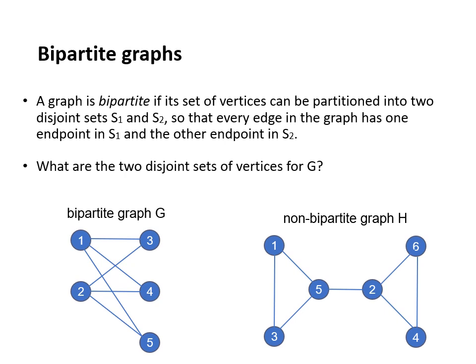So clearly, this would be S1 and this would be S2. If you look at the edges, they are all connecting nodes from S1 with nodes from S2. And then the graph on the right is a non-bipartite graph because we cannot create such two sets.